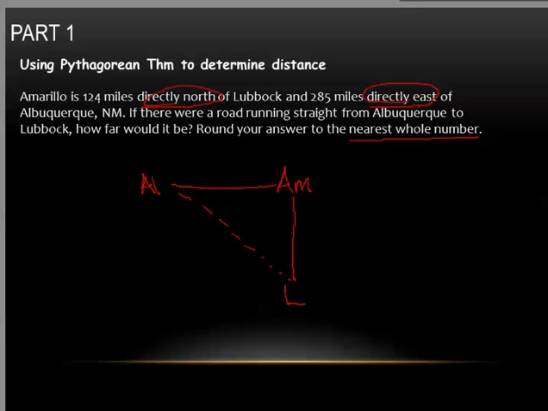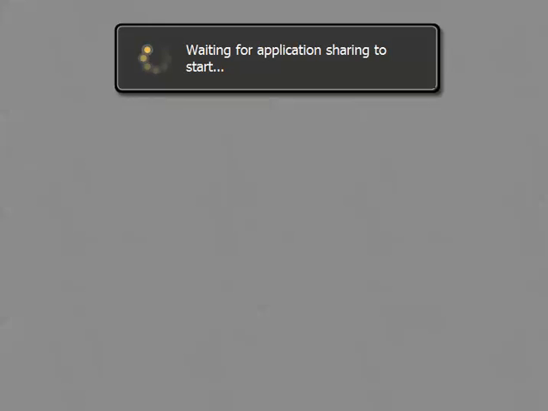Since we're talking directly north and directly east, we know that's a right triangle, and they gave us the miles. Since I know that I'm dealing with the Pythagorean theorem, I'm going to do a squared plus b squared equals c squared, and I'm going to show my calculator for this.